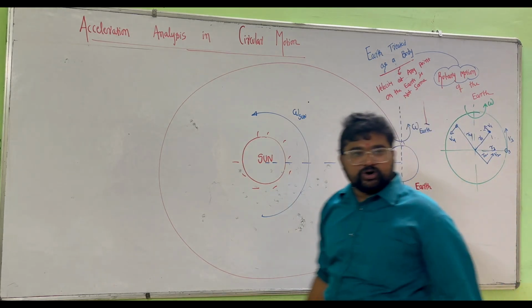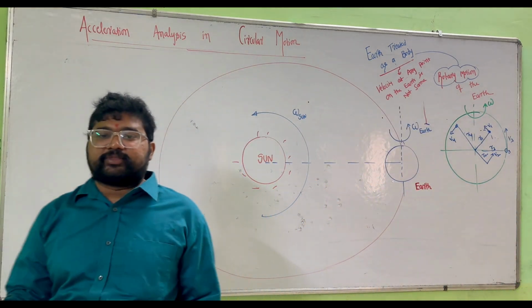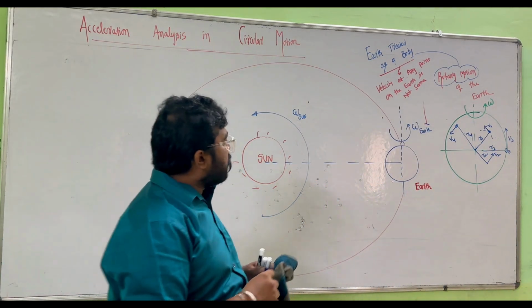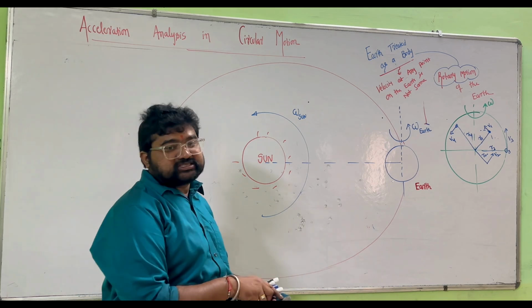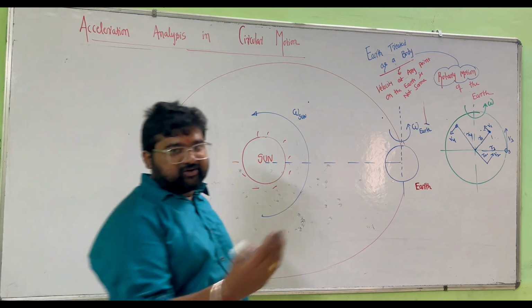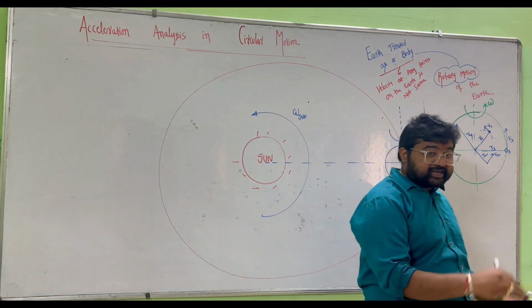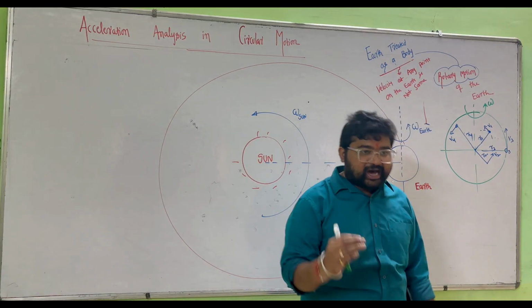Understood? So at different points on the body, velocity is different.